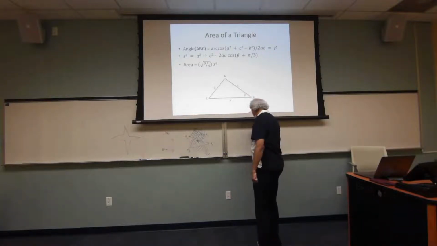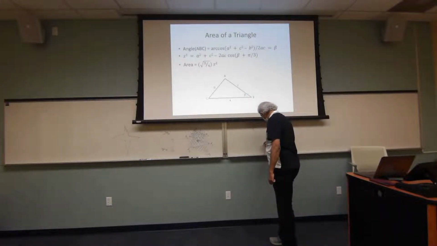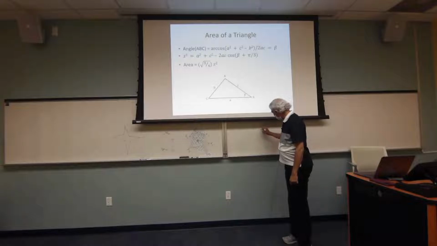So let's say I have A1, and let's say I have one of the points, say A4, and I have the x-axis here. How do I find this angle?